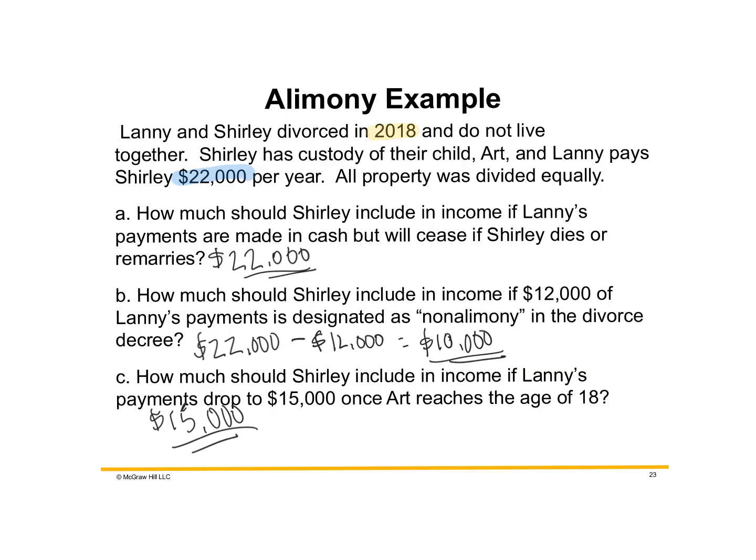Because then, if we're receiving $22,000 a year currently, and the payment drops to $15,000 once Art turns 18, this $7,000, that difference is our child support.